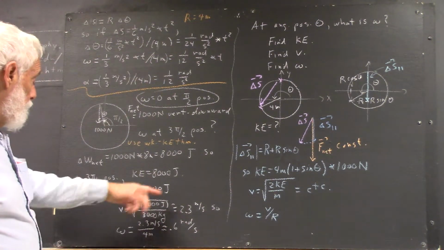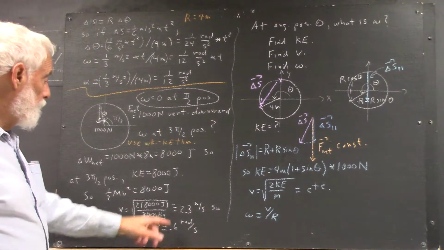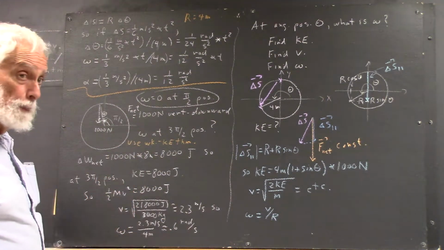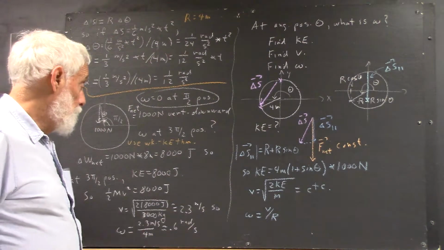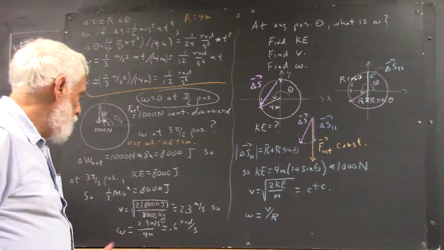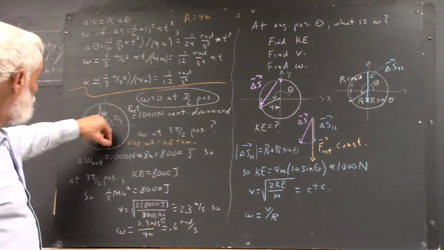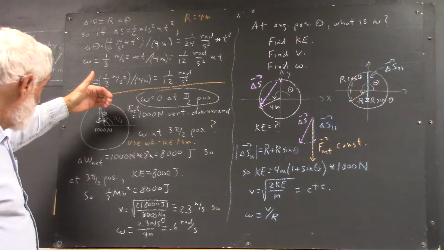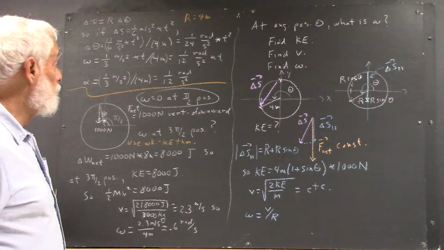The calculation's straightforward: 2 times 8,000 joules up here, 3,000 kilograms down here. This should be a very familiar calculation by this point in the course. That gives us about 2.3 meters per second. And it follows then that omega is the speed on the rim divided by the radius, and that's about 0.6 radians per second.